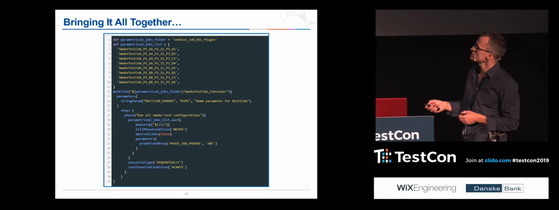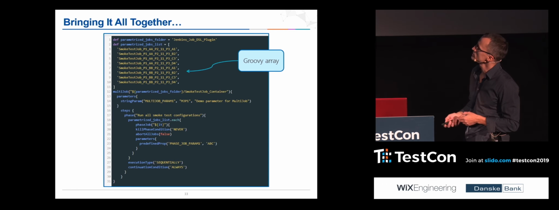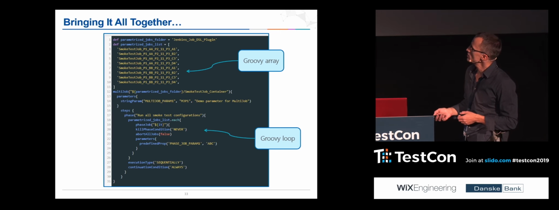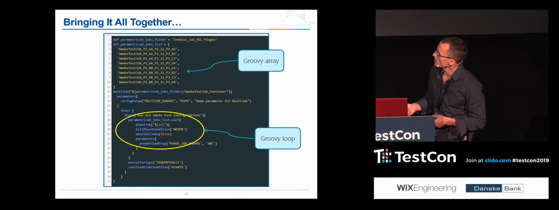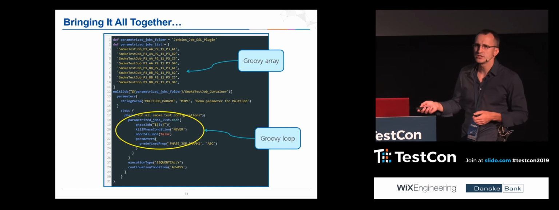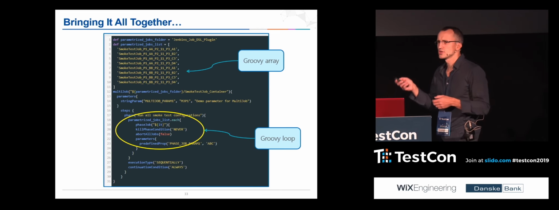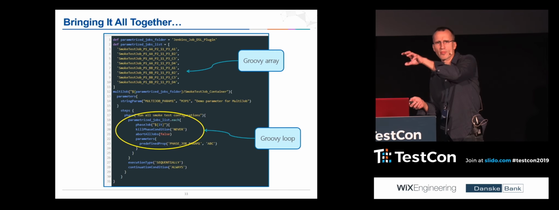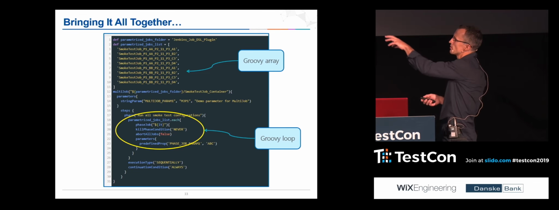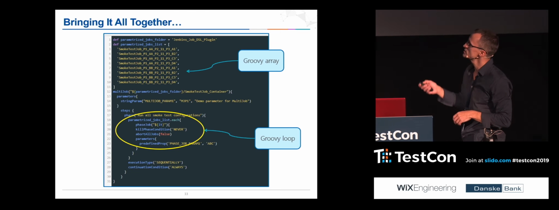And here you can see that it's a multi-job with its name and some parameters. Inside, you may find that I didn't put all these jobs one by one into my DSL, into my code.